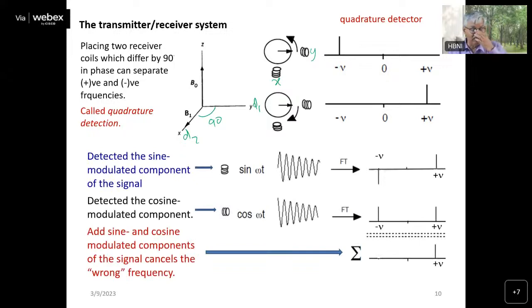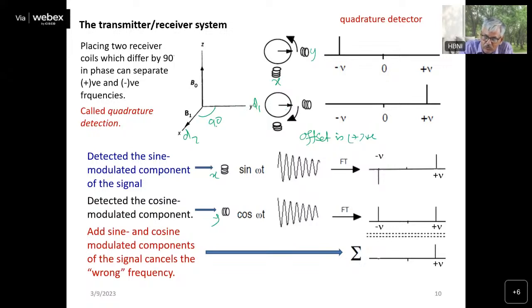Now let us see, you have a signal whose offset is positive. Consider the offset is positive. If the offset is positive, that means it is moving in this direction. This is your x-axis detector, this is your y-axis. So if it is in the positive direction, your magnetization is moving this way.